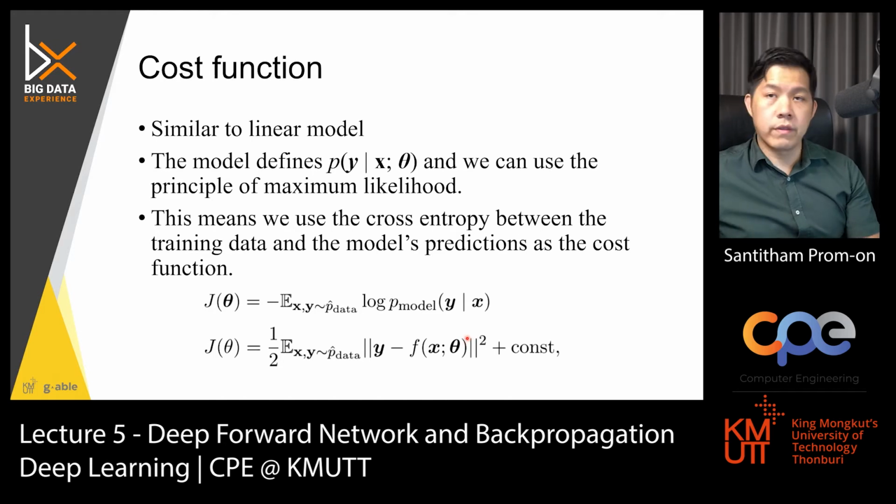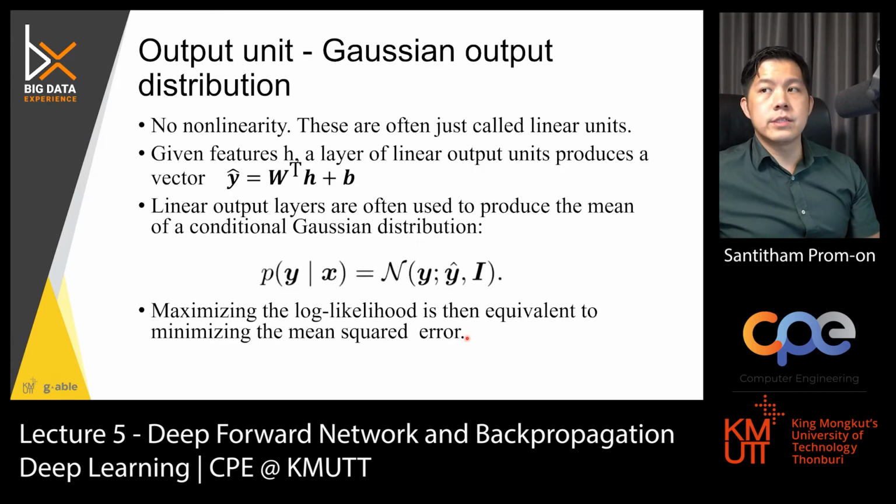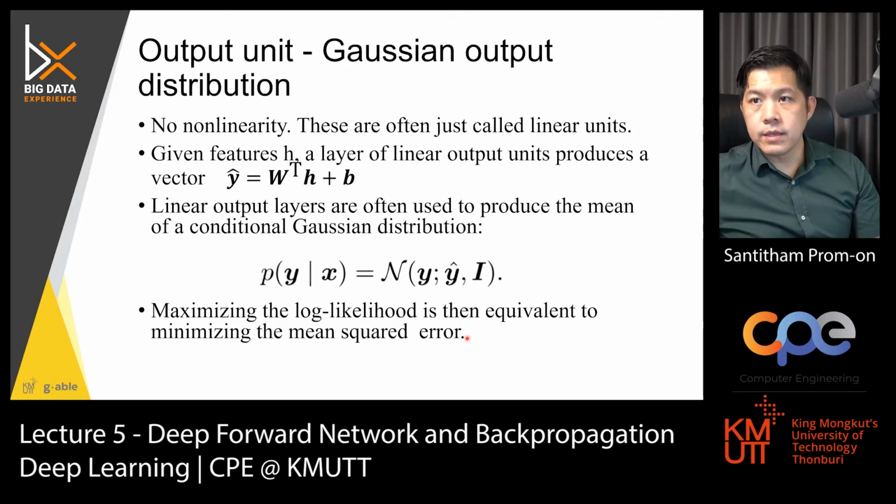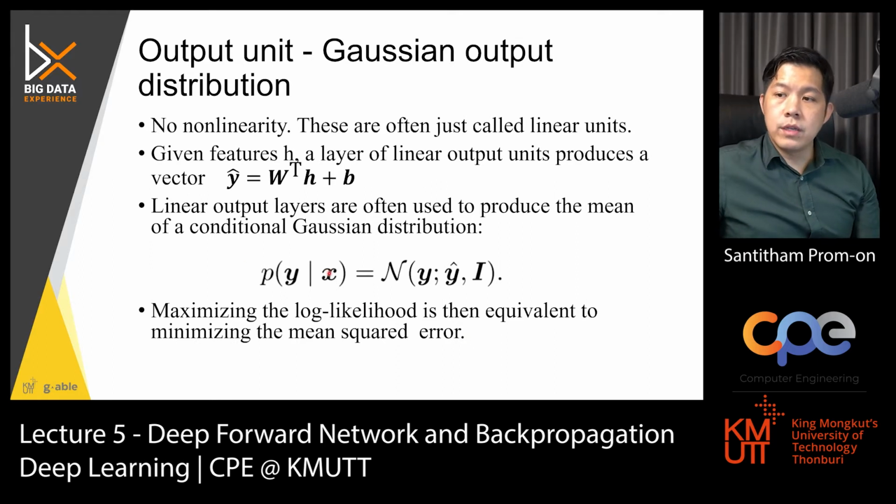You can do both, depending on what types of output we are talking about. For example, if the output is a Gaussian output, distributed in a normal distribution manner, then there shouldn't be any nonlinearity. You should have the Gaussian linear unit, the Gaussian output. That means the output should have the distribution of the normal distribution.